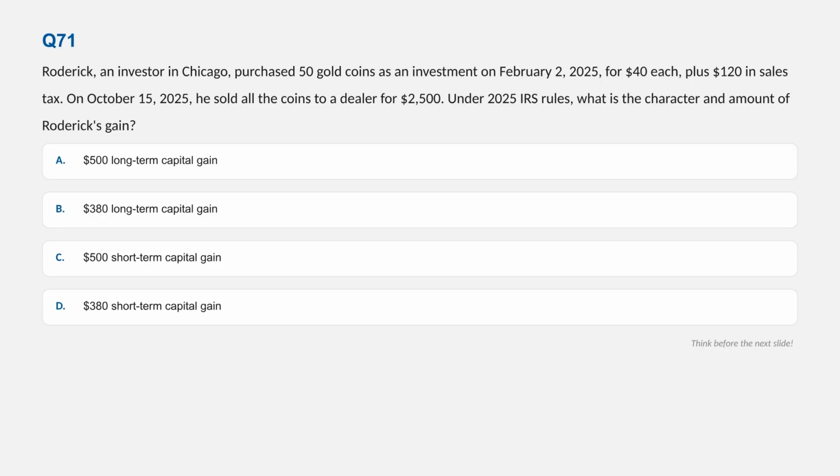Under 2025 IRS rules, what is the character and amount of Roderick's gain? A. $500 long-term capital gain. B. $380 long-term capital gain. C. $500 short-term capital gain. D. $380 short-term capital gain.